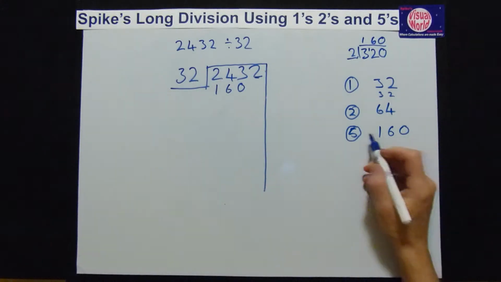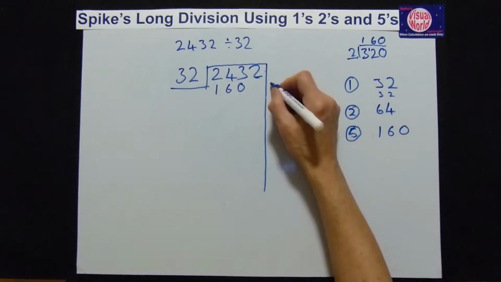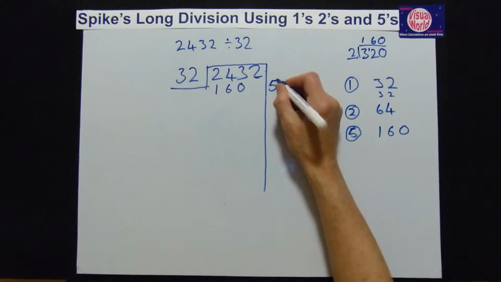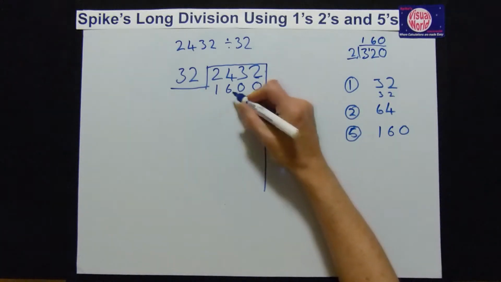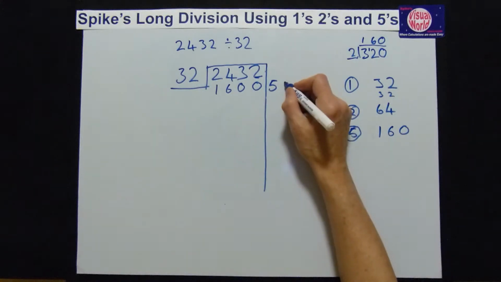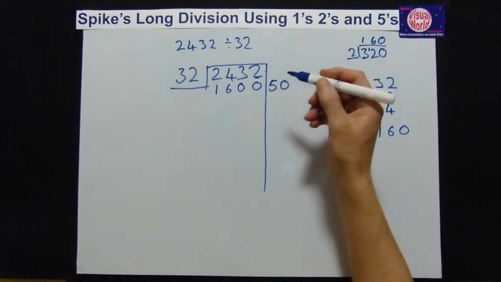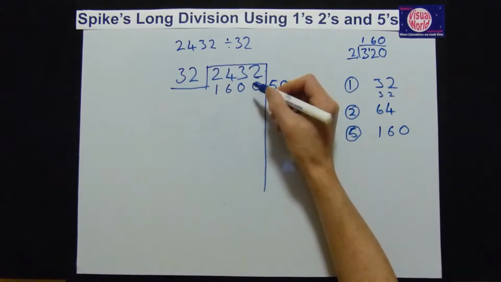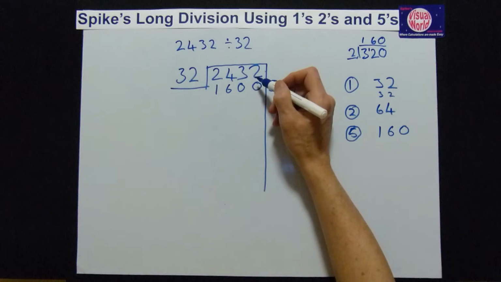Now, 160 is how many 32s? It's 5 32s. So we write the 5 in there, but it's not really 5 because we've got to multiply that one by 10. So far we know that 50 32s is 1600, and we're still less than the 2432.